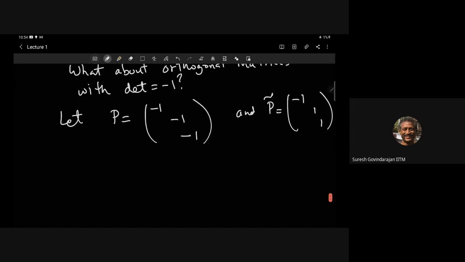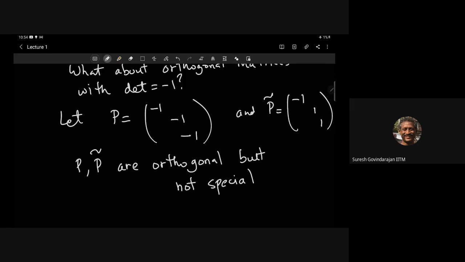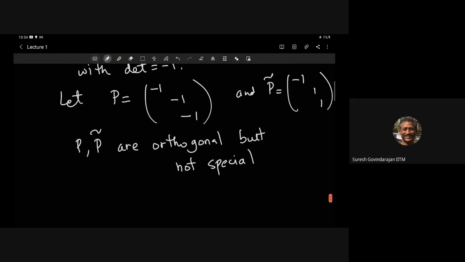You can check that P and P tilde are orthogonal but not special. Very, very easy. Not special is easy to see because if you take the determinant of P, it is minus 1. Determinant of P tilde is minus 1. Usually P is called the parity matrix.